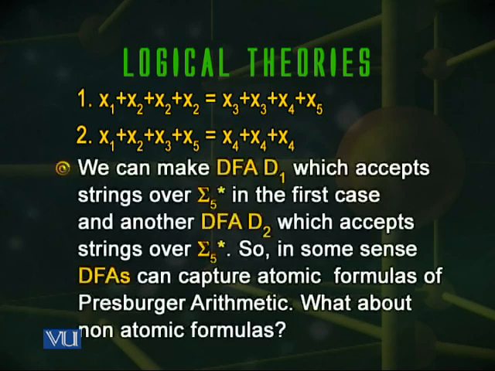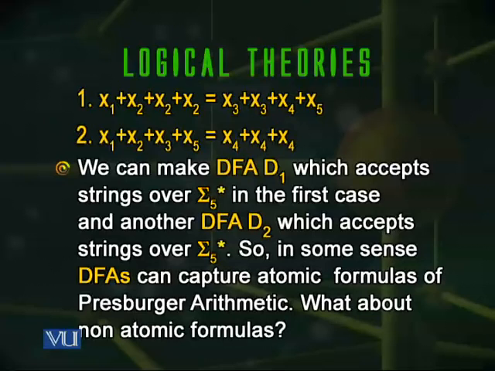We know that we can make a DFA D1 that accepts strings over this alphabet sigma 5 star in the first case, and DFA D2 that again accepts strings over the alphabet sigma 5 star. So in some sense, these DFAs capture the atomic formulas of Presburger arithmetic. Well, what about non-atomic formulas?